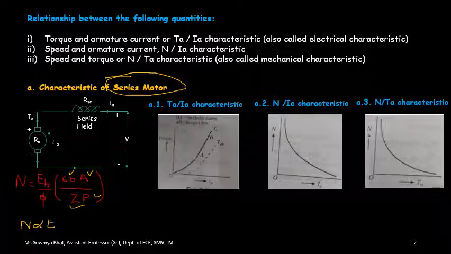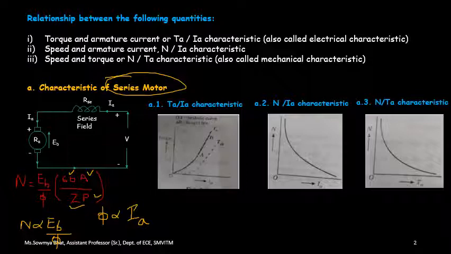So I can write the value of the speed of a DC motor directly proportional to EB divided by the flux phi. Since we are talking about series motor, once again the value of flux is directly proportional to the armature current Ia.